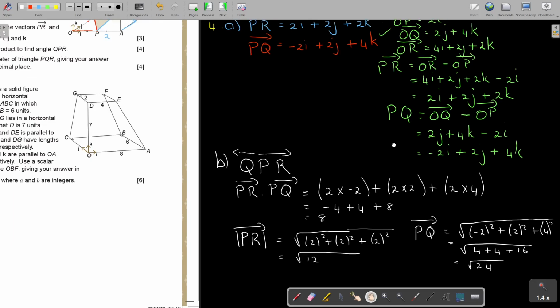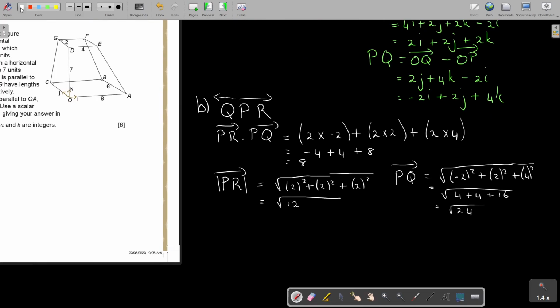And then for that angle, cos of the angle between PQ and PR is going to be that scalar product over the square root of 12 times the square root of 24. Press on your calculator, make sure it's on degrees.